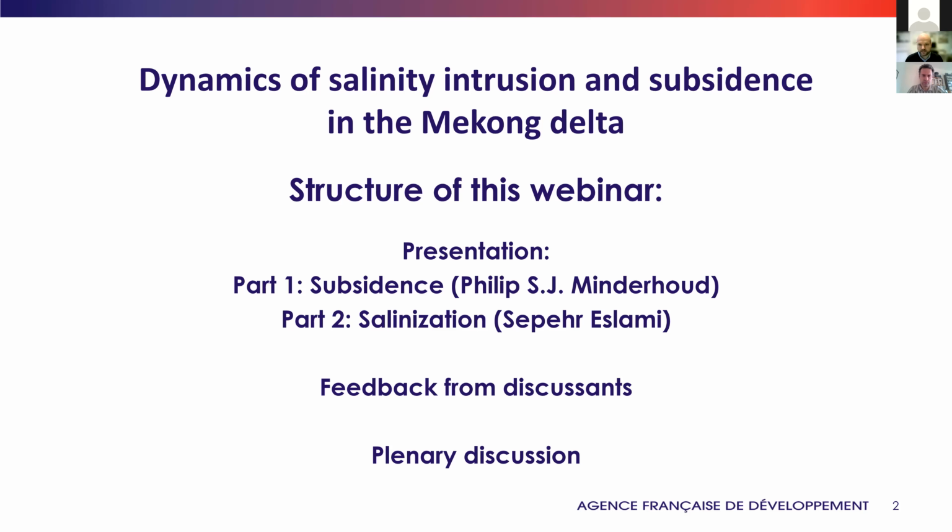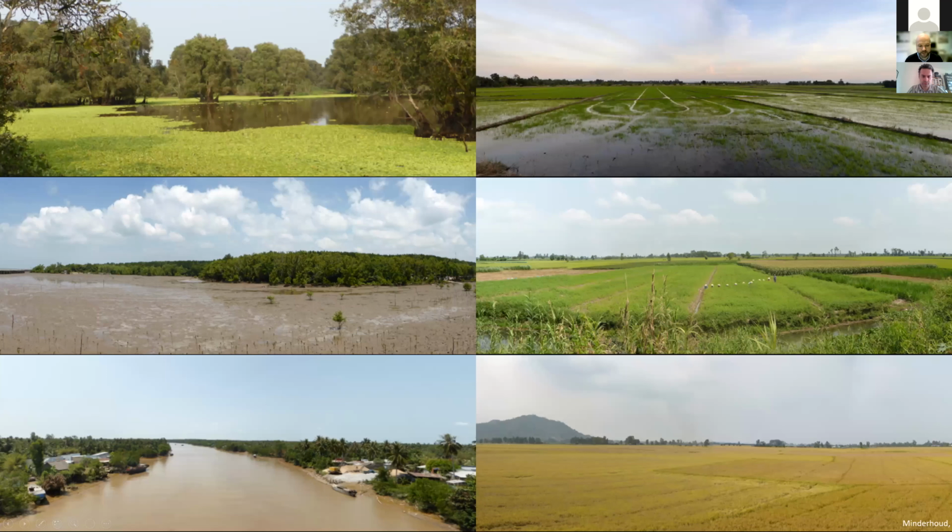Two things are quite striking. In almost all the pictures, you see a lot of water very close to the surface of the land. And the second thing is that it is very flat. You can look as far as the horizon in almost all these pictures, which makes it a beautiful view, but it's also a striking geomorphologic feature.